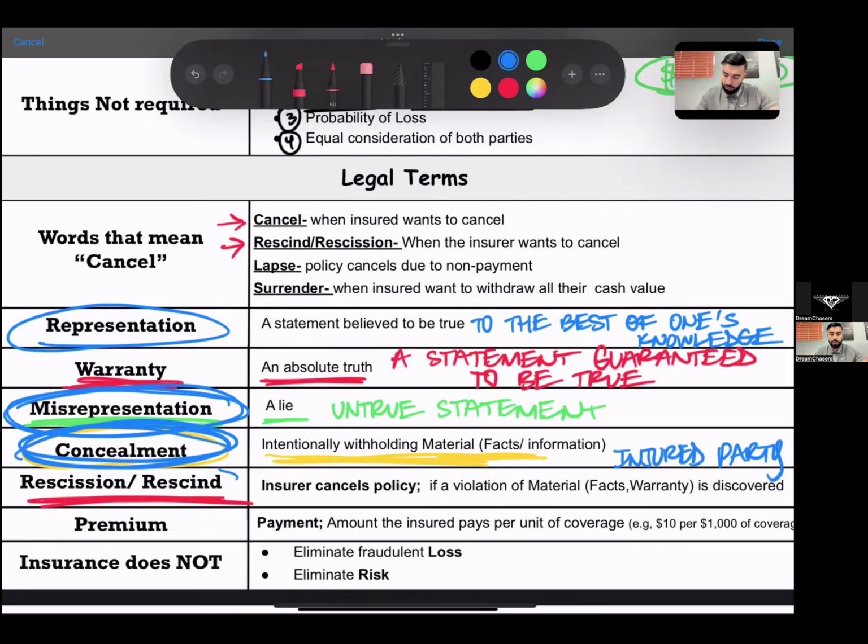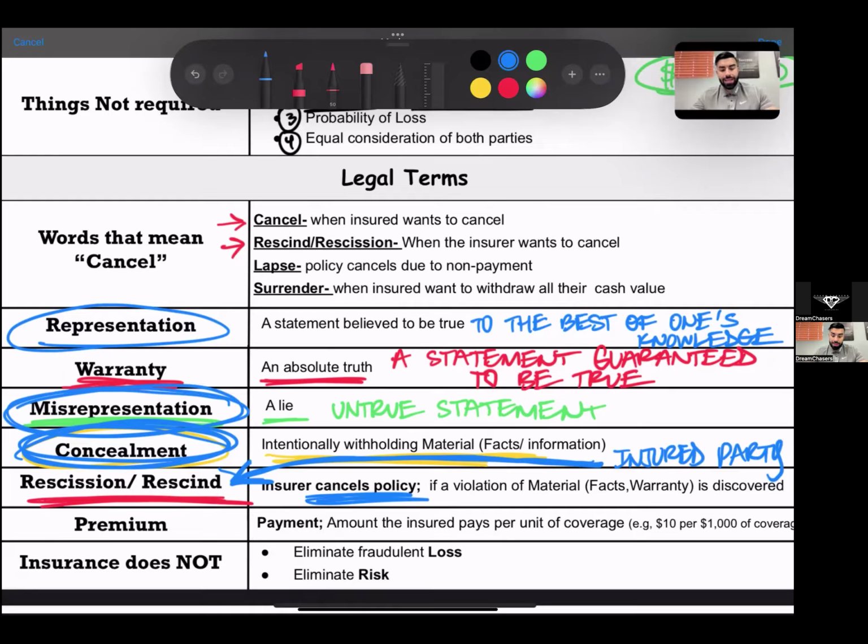Remember, there's always two parties, insurer and insured, but the injured party is entitled to rescind the contract, meaning they can cancel the policy. Now, it isn't always the insurer, it can be either or. It can be the insurer or the insured that has the right to rescind a contract. They can cancel it because someone was being untruthful to them.